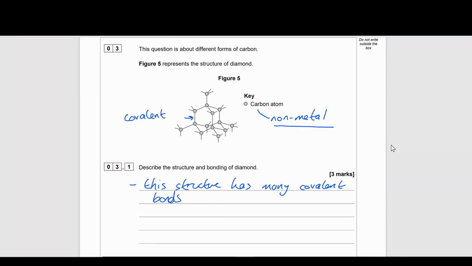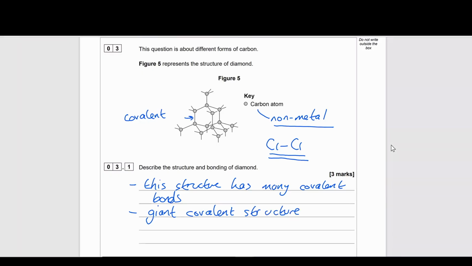Now, what we can also think about is the size of this, because if we take an element such as chlorine, that has covalent bonds, but it's a small structure. This, you can see, has many different carbon atoms, many covalent bonds, so we can call this a giant covalent structure.